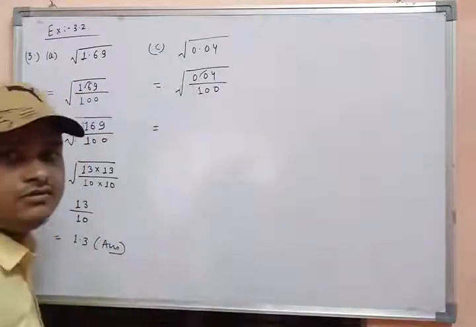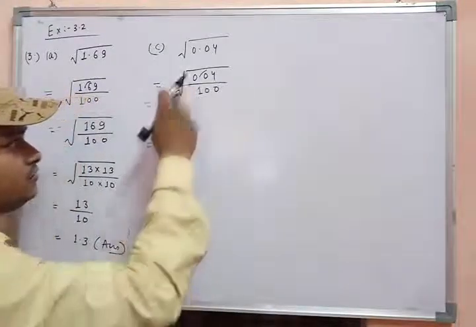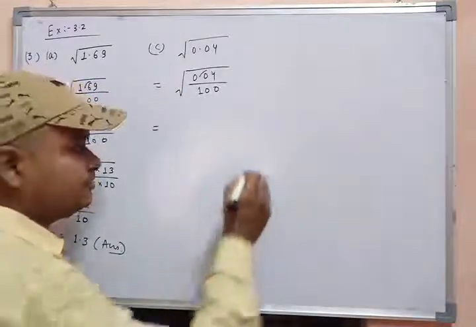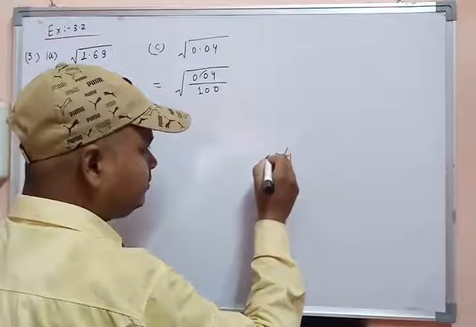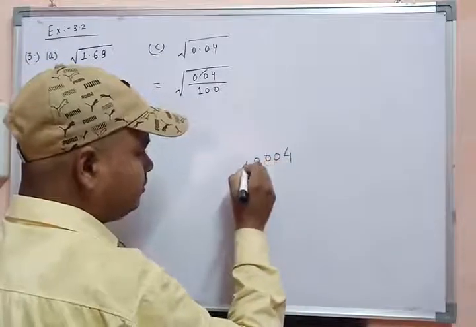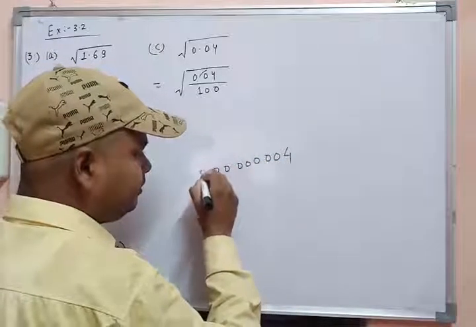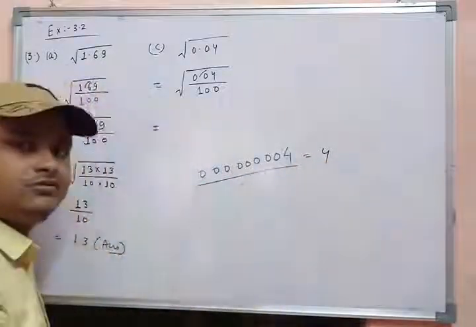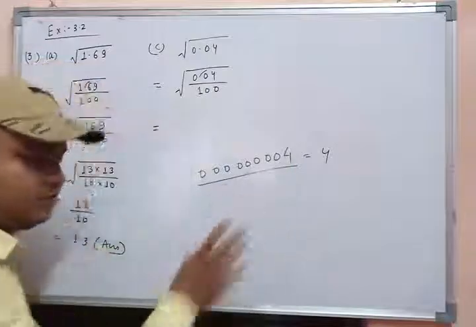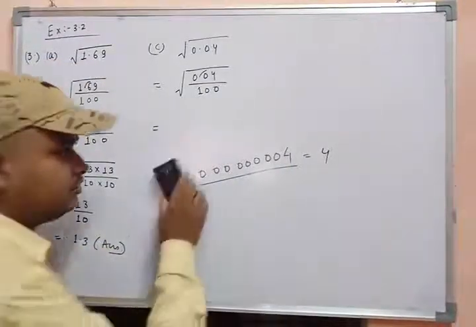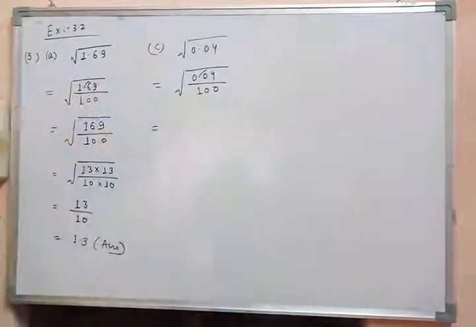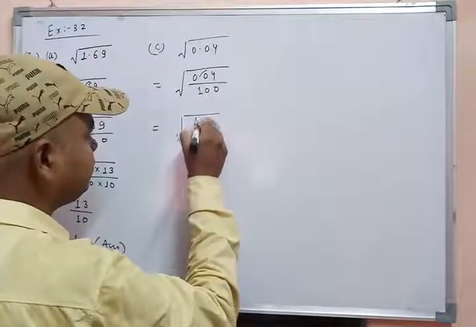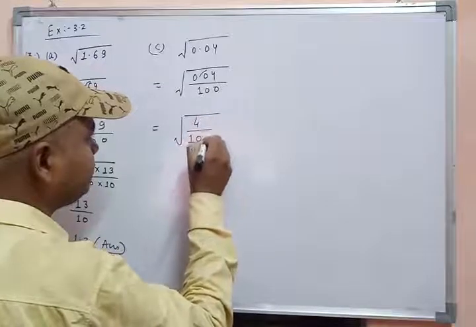Without the decimal there are zeros, and their value is negligible, because if you write any number of 0s before any number, it is equal to the same number. So no need to write 0 before any number, so it can be written as 4 upon 100.